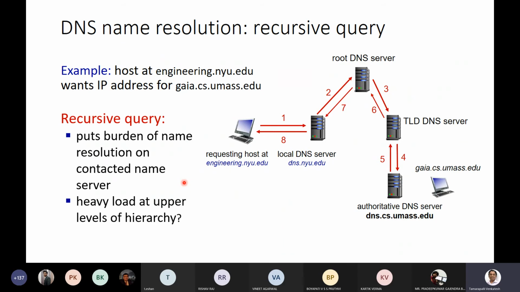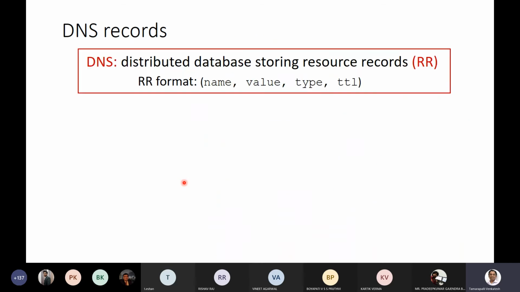The other danger is, what if one of these query response pairs gets lost at any point of time? If, for example, query 3 is lost, then how does the local DNS server know how long to wait? In the other method, the local DNS server is contacting each level one by one, so it can always resend the query if there is a loss of the query at any stage.